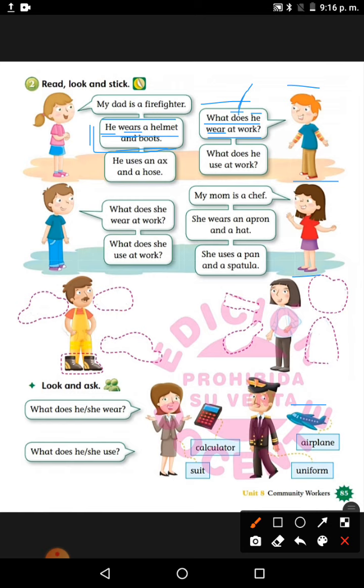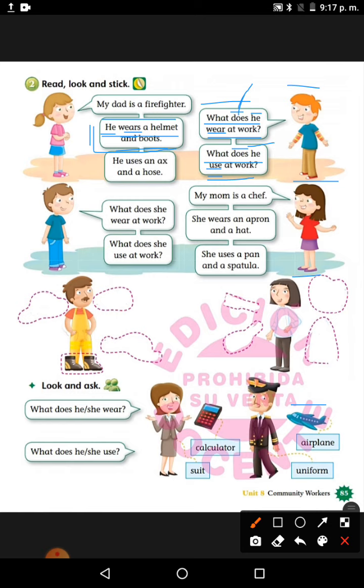Now look at the second question. What does he use at work? Here we have the same example. Here is the verb use, and the verb is without a letter S at the end because we are using the auxiliary does in the question.